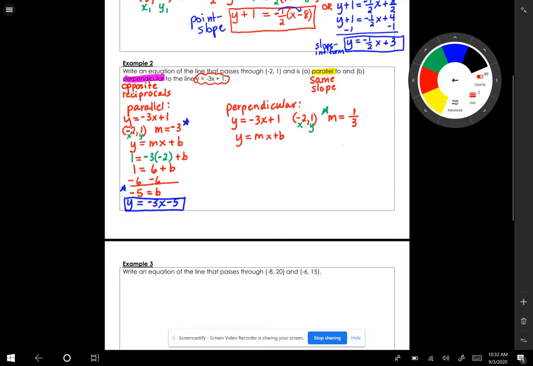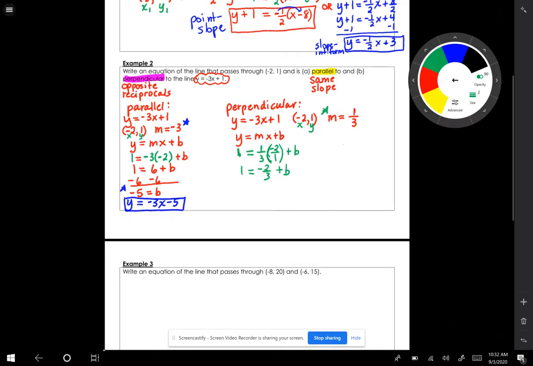So your y is 1. My m is 1/3. But my x was -2. I don't know why I put -3 there. I have no idea. So my x is -2, so that's -2 over 1 plus b. All right, so that's 1 equals -2/3 plus b.